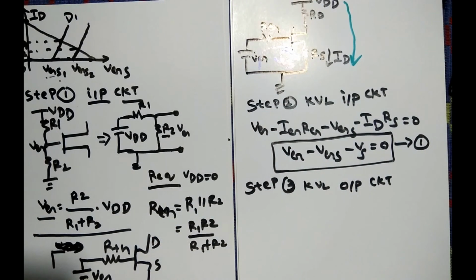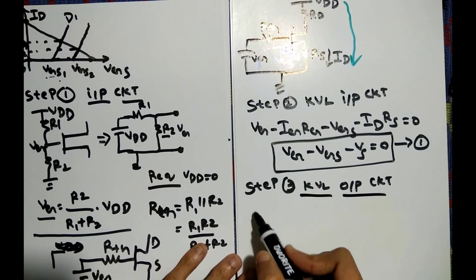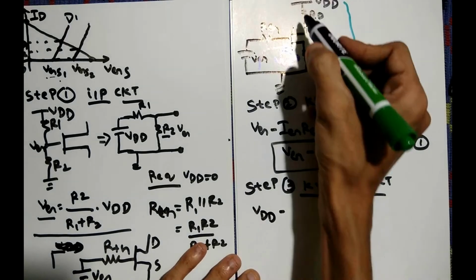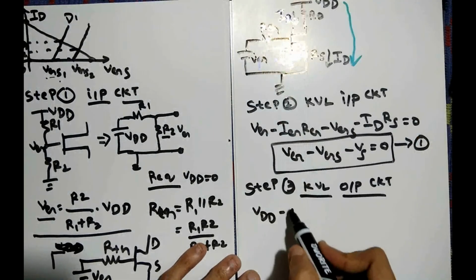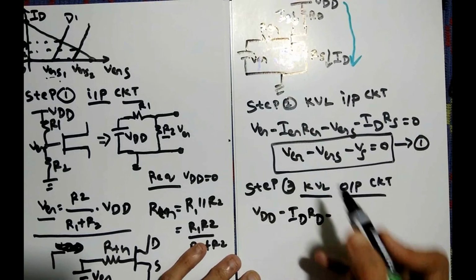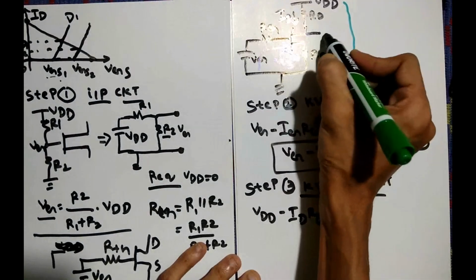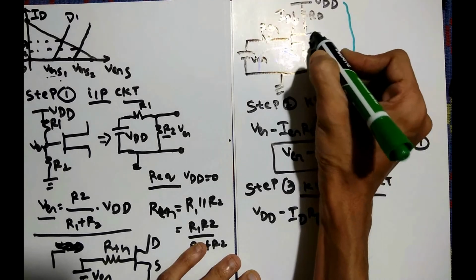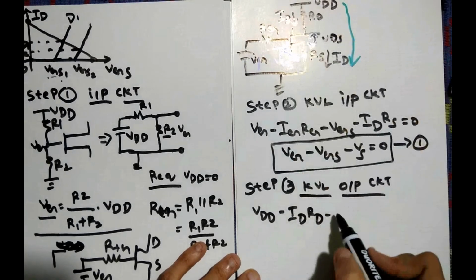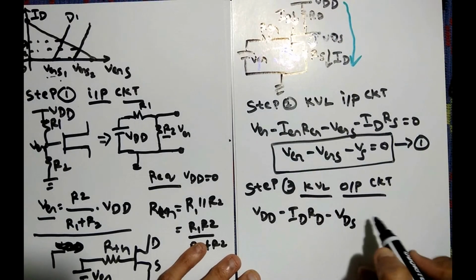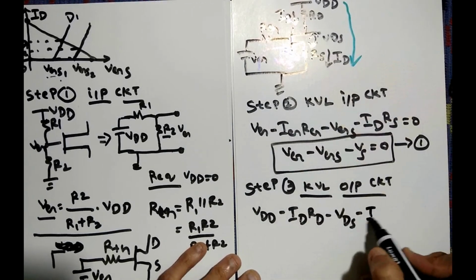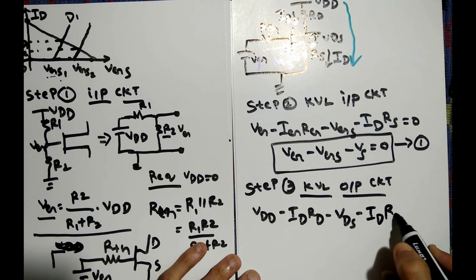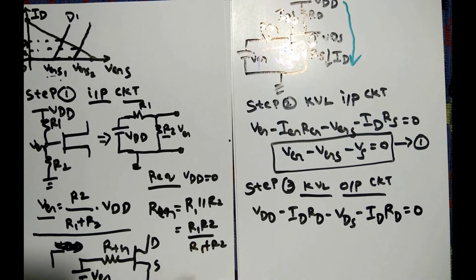First we have VDD, so we get VDD minus the current going here, ID, into RD, and minus VDS, because it is drain to source, minus IS and RS. IS I am taking as ID, so ID into RS is equal to 0.